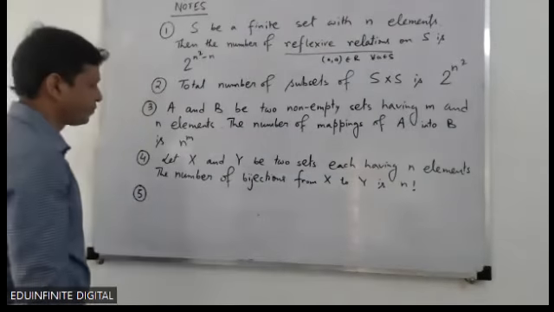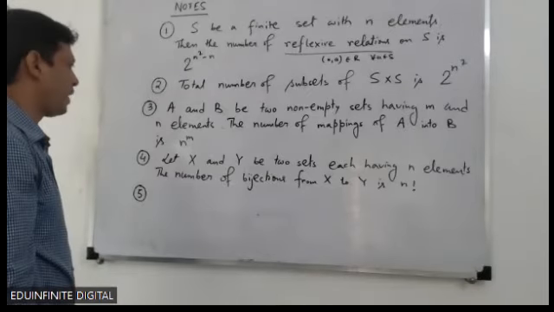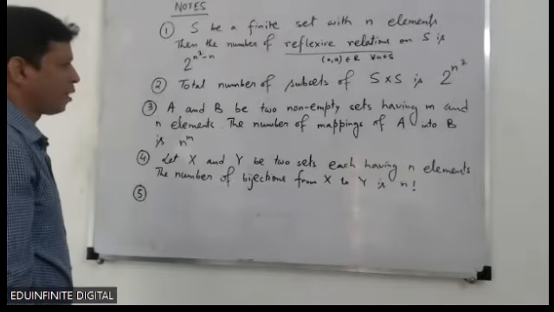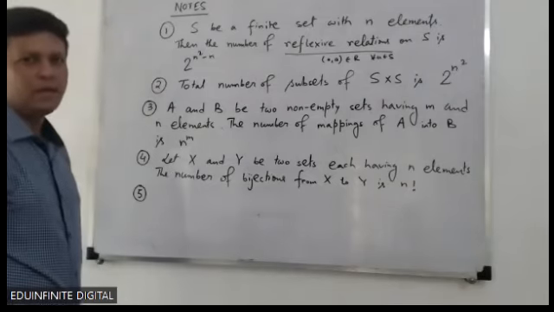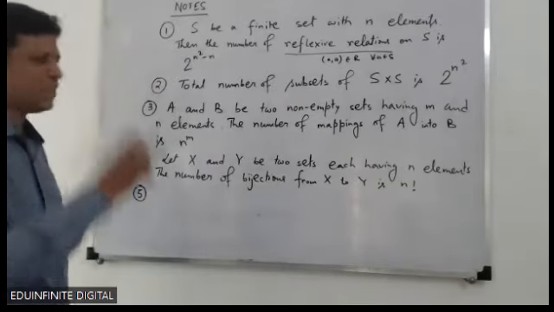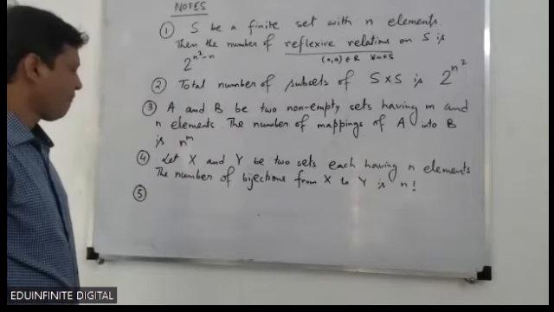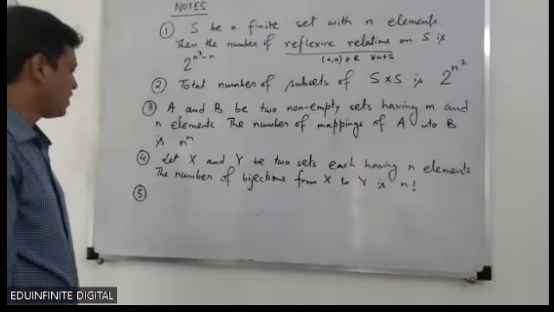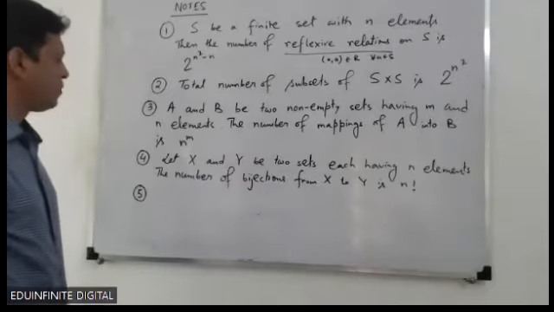Number 3, A and B are two non-empty sets having m and n elements. The number of mappings from A into B is n to the power m. Next, let X and Y be two sets, each having n elements.